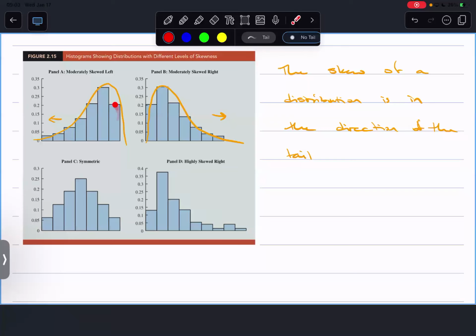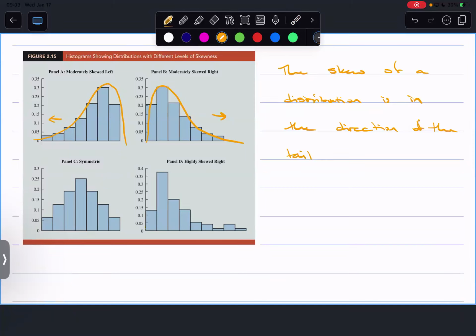And so, well, this is where most people are, right? But in statistics, we're interested in these more extreme values. And so that's why we say it's skewed to the left and skewed to the right, right? So it's a little bit counterintuitive, but as long as you remember that it's skewed in the direction of the tail, then you're okay.